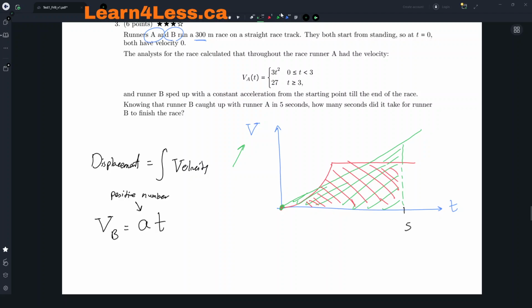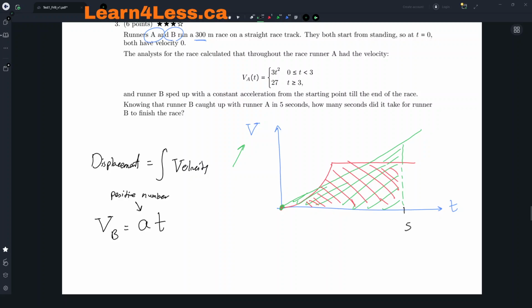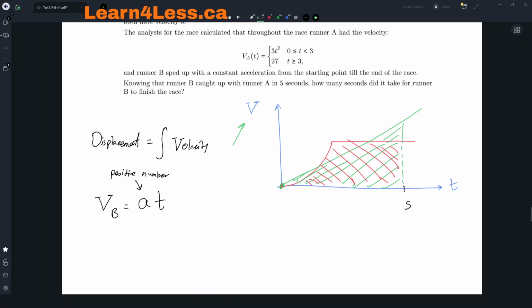If it was a deceleration, it would be negative. And there is no plus b here, because it starts at 0, so the y-intercept is 0. From the fact that it's a constant acceleration, we know this is the velocity of runner B.